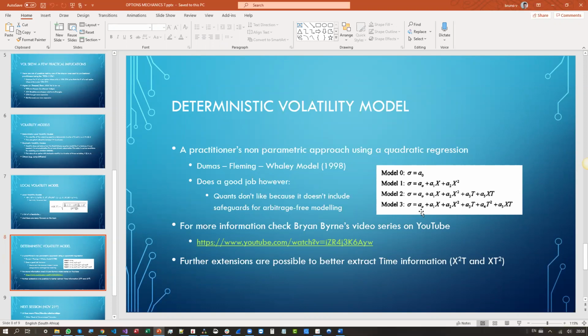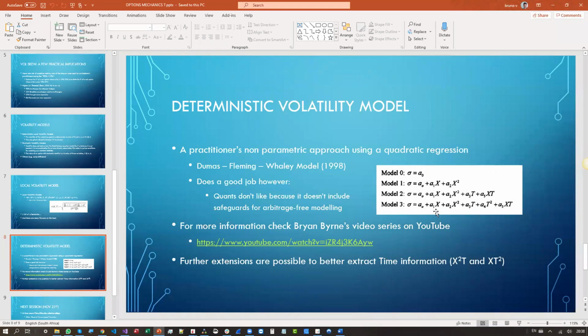So basically we assume here, by using model 3, that the vol shape will more or less look like a complex 3D curve. And it's generally good enough.